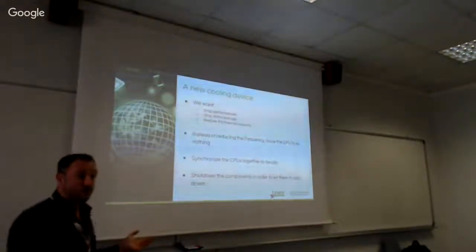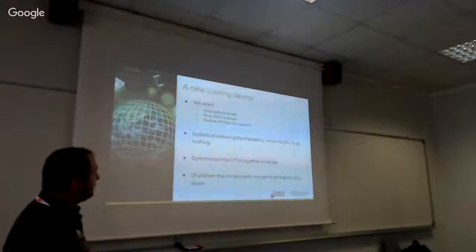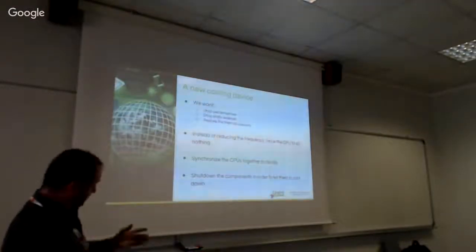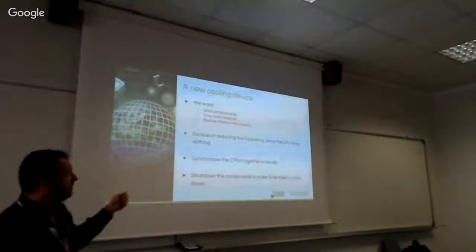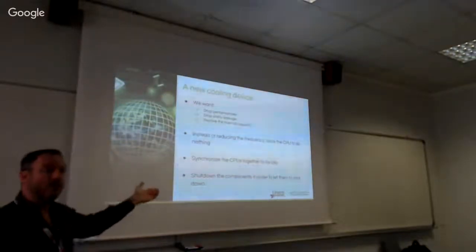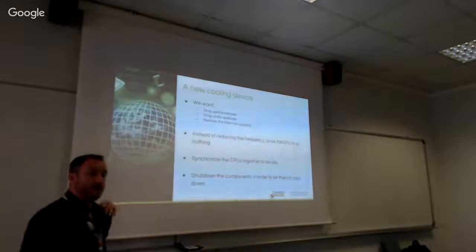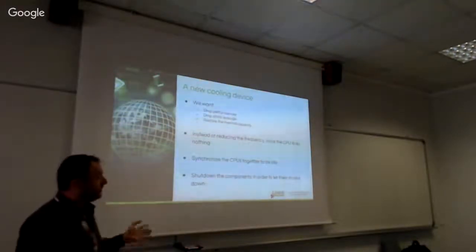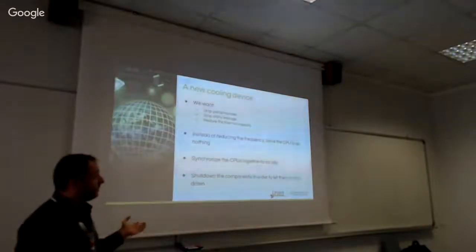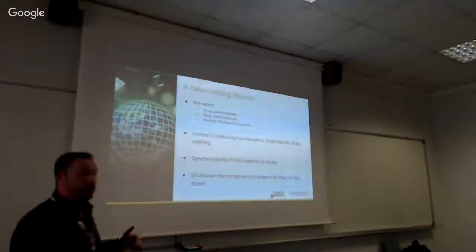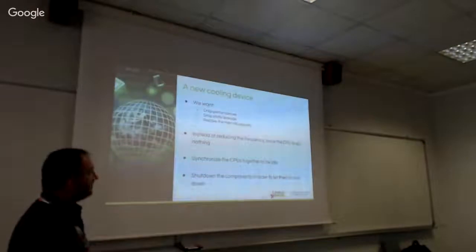Otherwise, they can't do a cluster power down. By letting the CPU go into cluster power down, the components around can also be brought down, and so we have a way to let them cool down faster and more efficiently.